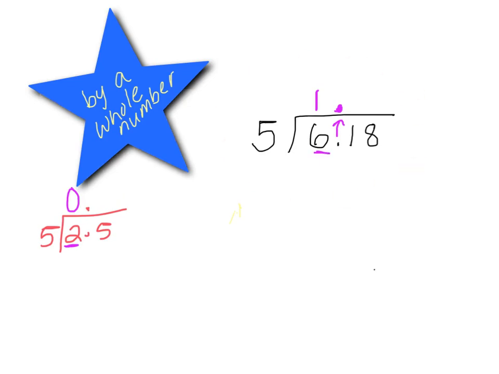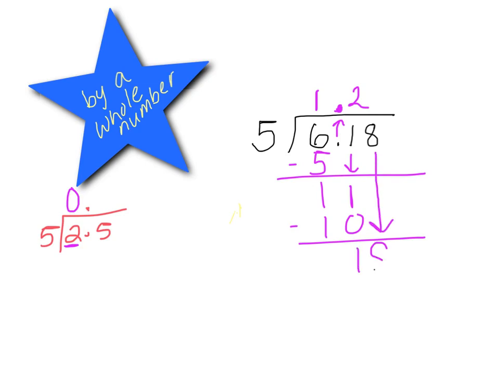5 times 1 is 5. And we're going to subtract and bring down the 1. Now we have 5 into 11, which goes 2 times. And we're going to bring our 8 down, and 5 into 18 is 3.